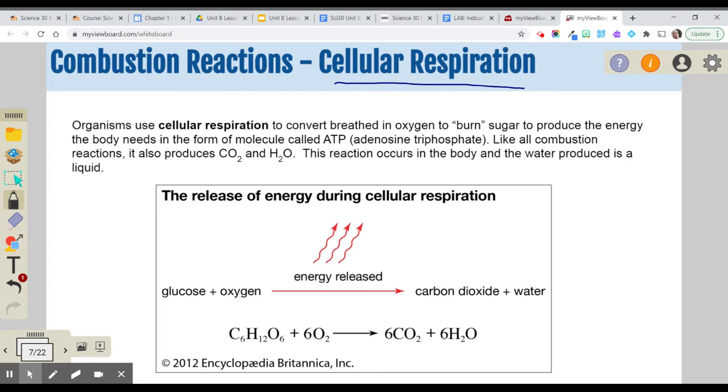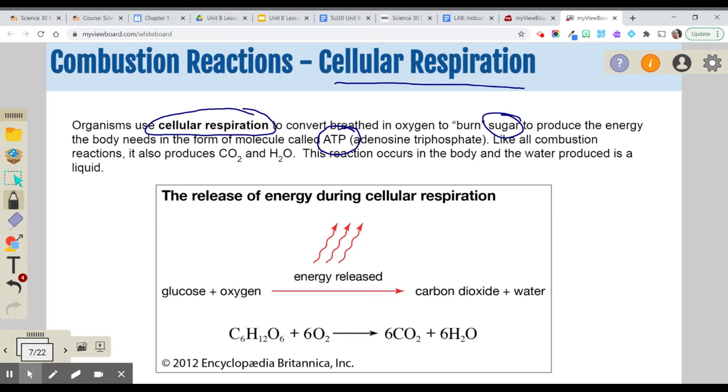All right, organisms use this method, this cellular respiration, to take that sugar that they've received through the blood into the cells, and then turn it into a molecule which is called ATP, and this molecule holds all their energy. Okay, so this is basically their power and energy compound in the cell.